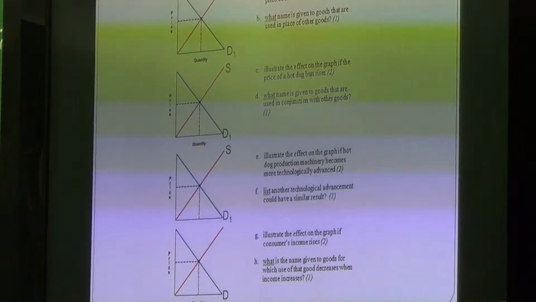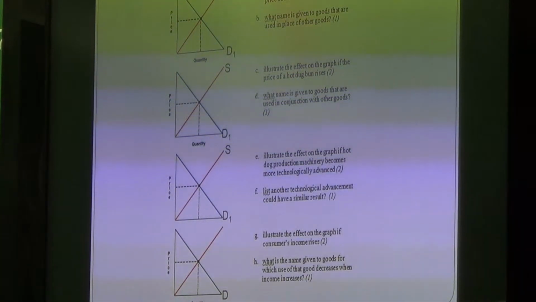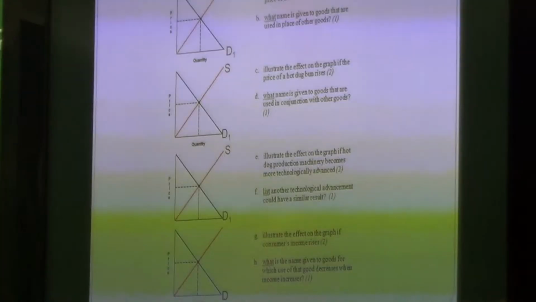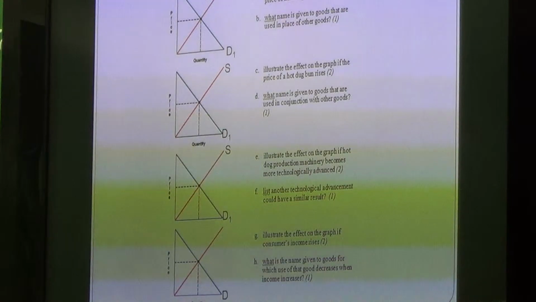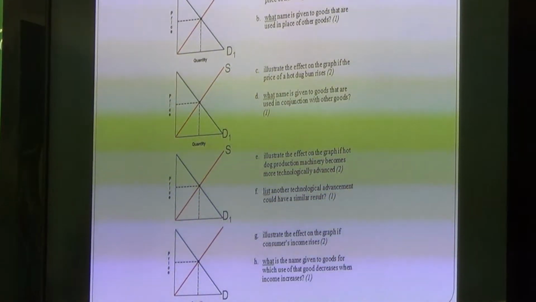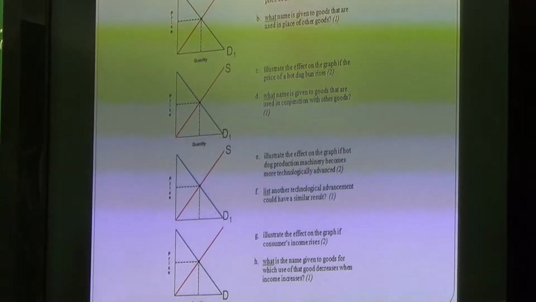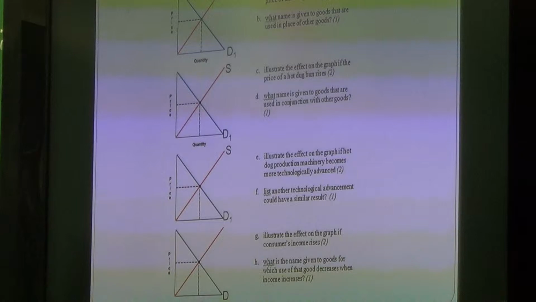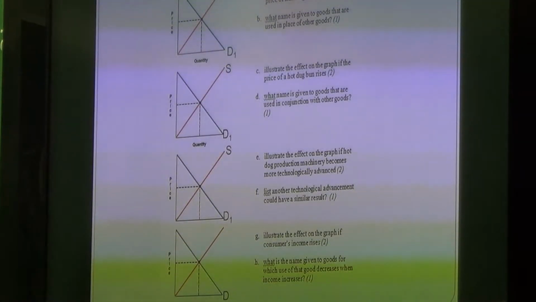Here, the demand for hot dogs would rise, right? So you make it like a point lower on the demand line. Right, so are we talking about a movement or a shift? It's a shift because it's a price, but it's not the price for the hot dogs, it's the price for the hamburgers.